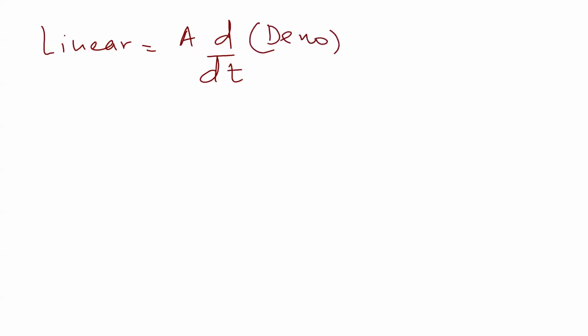First step is linear is equal to a times d by dt of quadratic plus b.